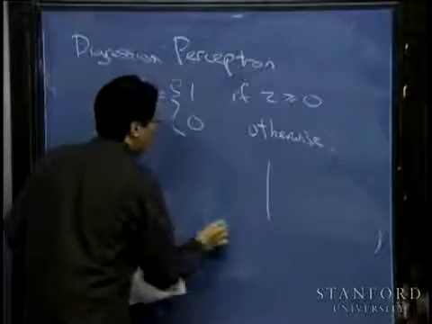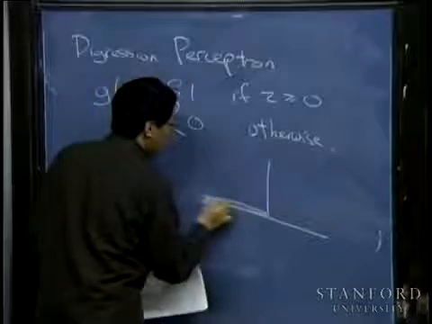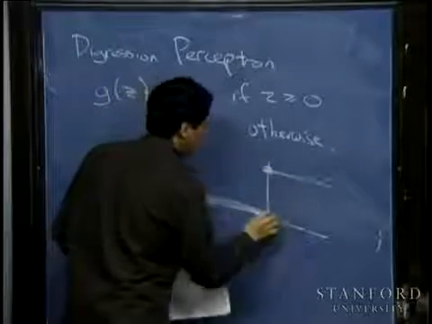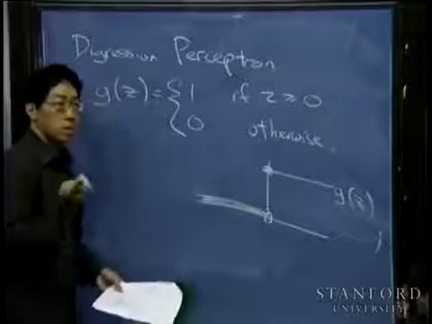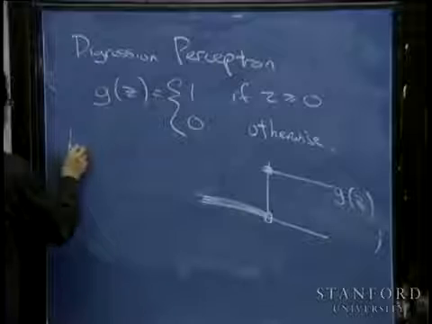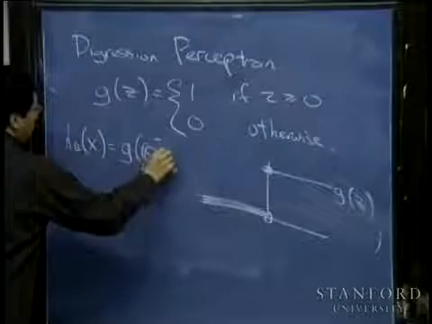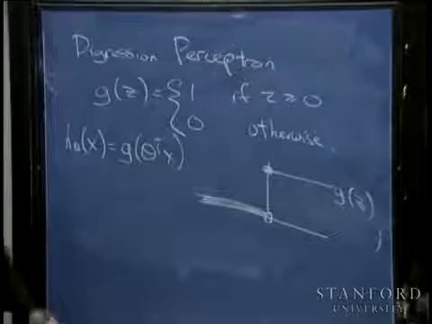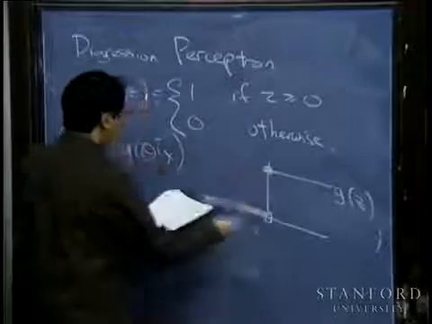The picture is that, rather than the smooth sigmoid function, g of z now looks like the step function that you were asking about earlier. And same as before, we can use h subscript theta of x equals g of theta transpose x. Everything is exactly the same as before, except that g of z is now the step function.